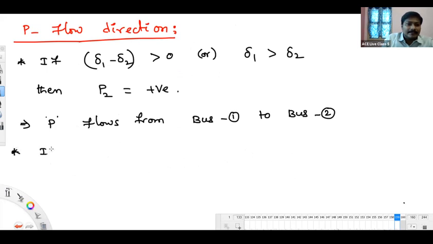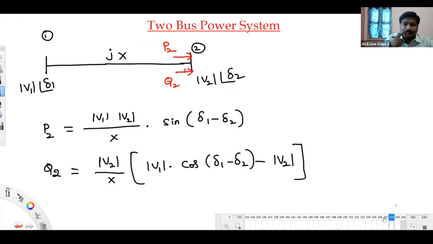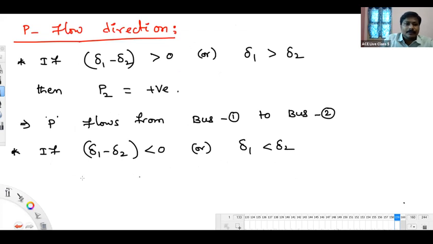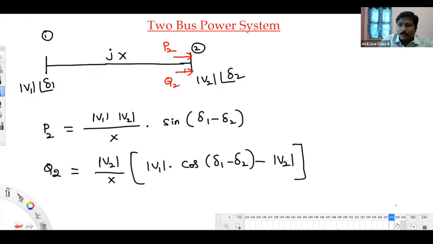Next thing. If delta 1 minus delta 2 is less than 0, it is negative. Negative means delta 1 is less compared to delta 2. Obviously, P2 is negative.